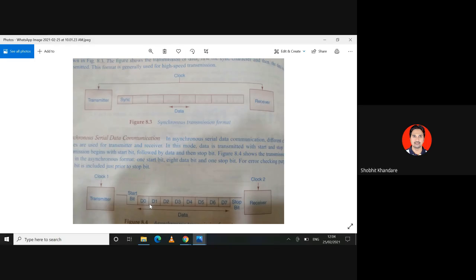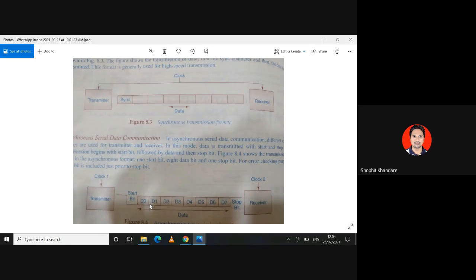For example, if I am sending at the baud rate of 9600, which is a standard baud rate as far as 8051 is concerned, it means I am sending 9600 bits per second.